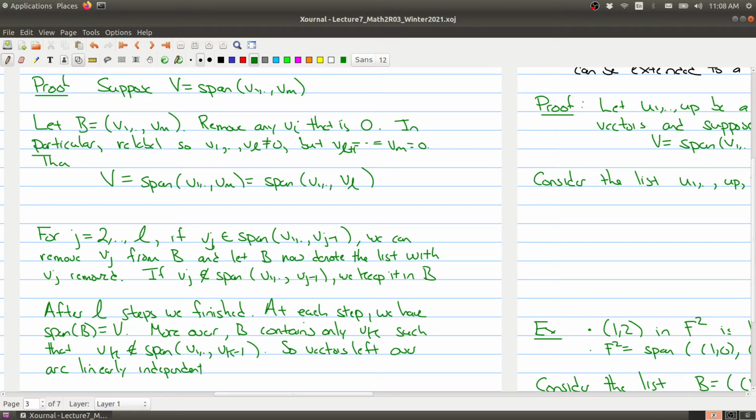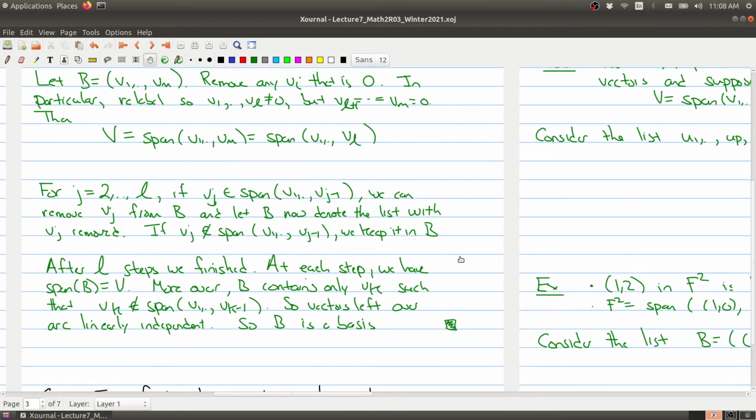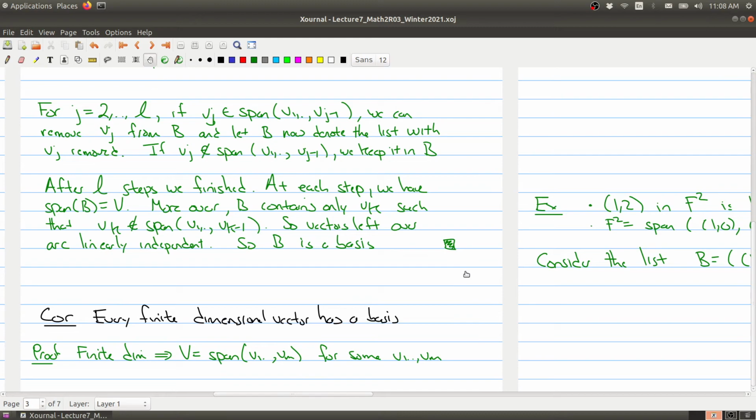We took a set of vectors that spanned. Each time we remove a vector, it still spans, and when we're done, we're left with linearly independent vectors. And so as a conclusion, B is a basis, because the collection of things in B is both a spanning set and linearly independent.